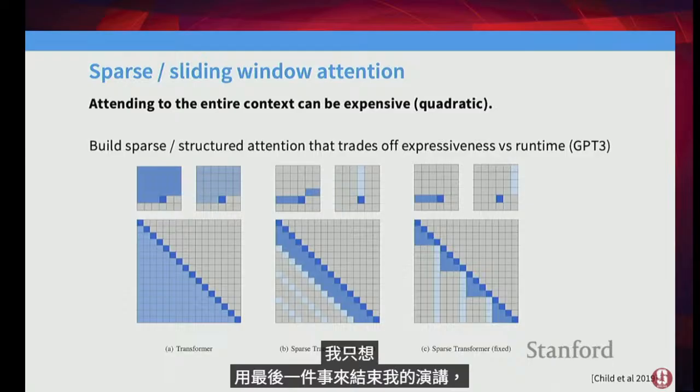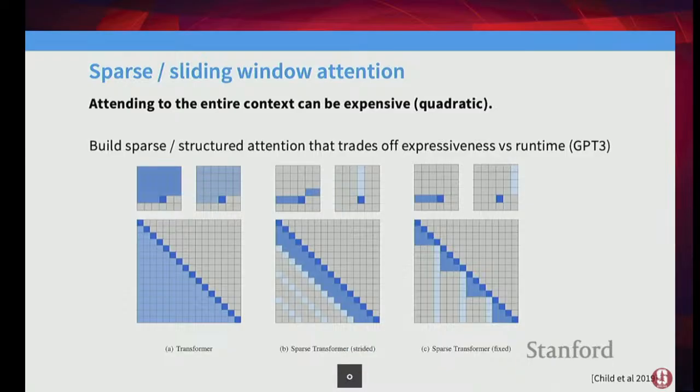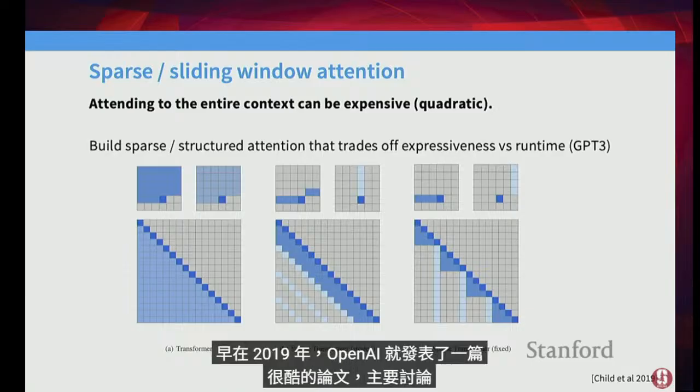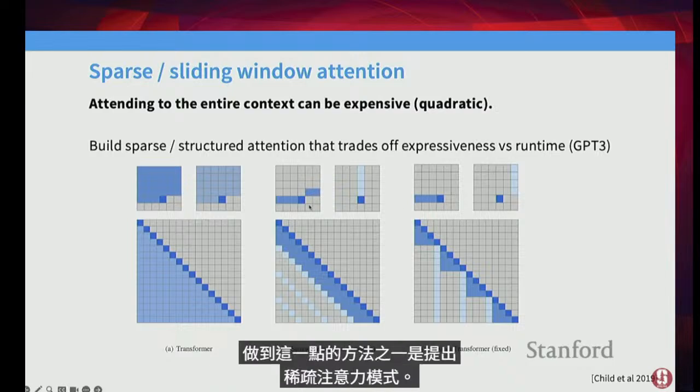I'm just going to close off with this very last thing, which I think is a really interesting development in the last few months. Back in 2019, OpenAI had a cool paper arguing how to build longer attention models. One way to do that is to come up with sparse attention patterns.